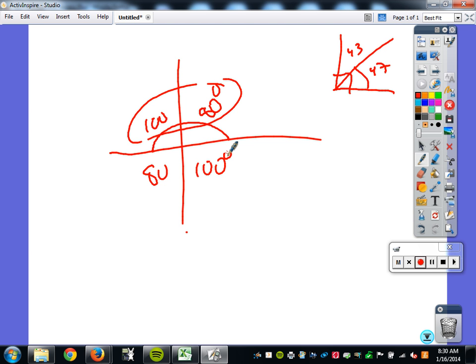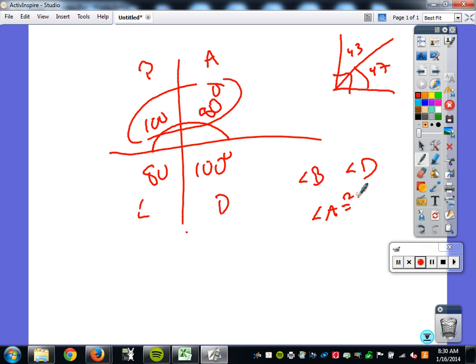So notice I'm going to say this side right here is A, B, C, and D. Notice, vertical angles are like angle B and angle D. So, notice angle A is congruent. This means congruent, by the way.